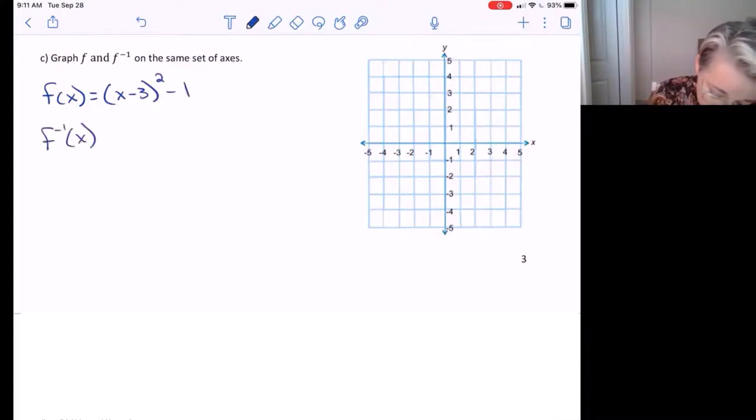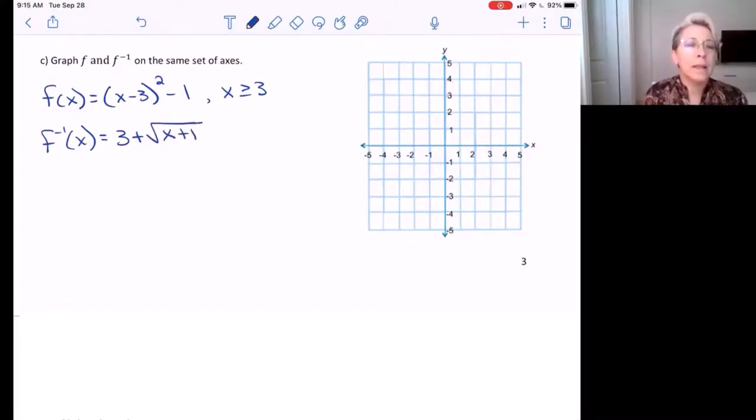F inverse of x, and here's where x is greater than or equal to 3, where the inverse of x we found to be 3 plus the square root of x plus 1. Now, as you recall, we restricted the domain for f of x, which means the domain for f inverse will probably be restricted as well.